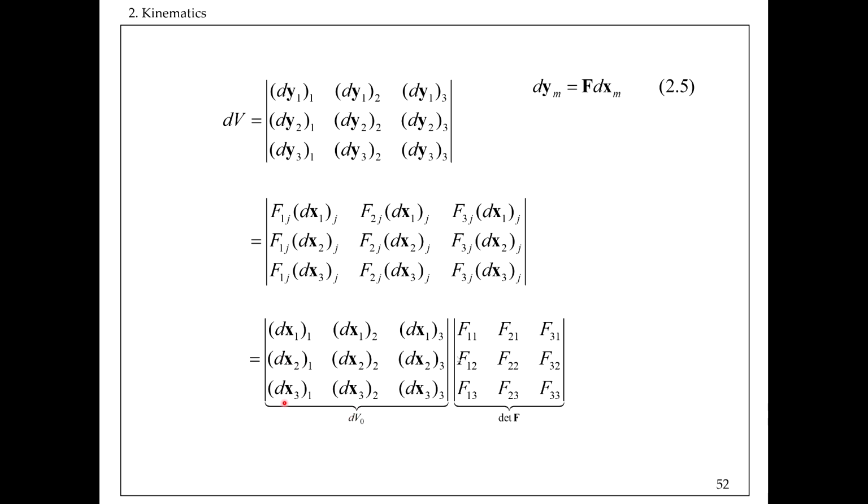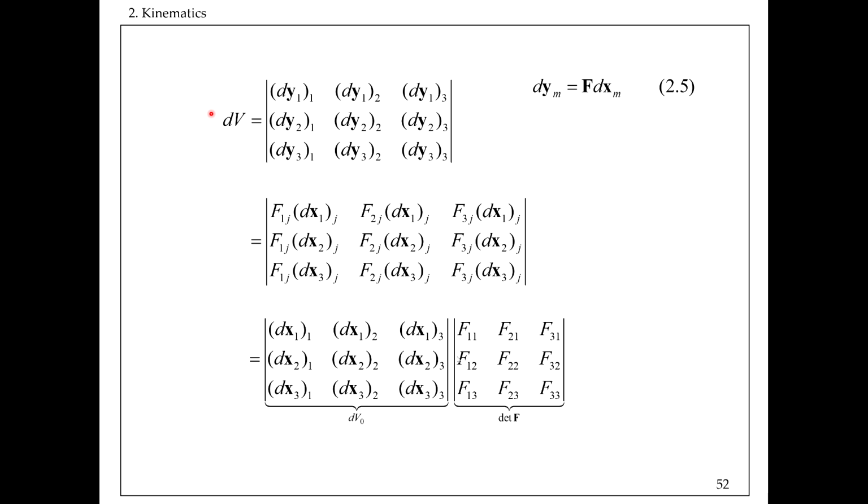That volume was built on this set of vectors x1, x2, and x3 in the undeformed configuration. So that is dv0, and this is nothing but the components of the deformation gradient f. This is the determinant, and so that's nothing but determinant f.